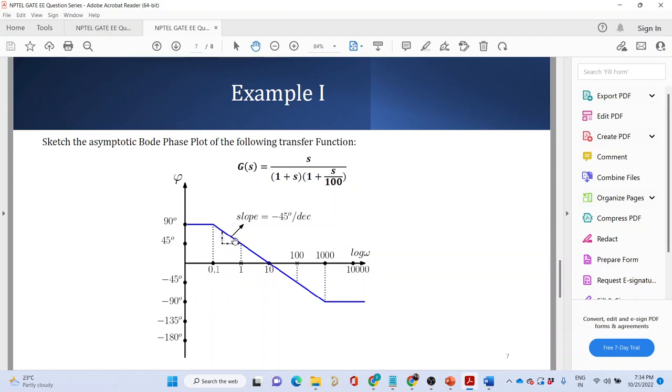During this interval, it will be falling by 45 degree per decade, because if there is one pole, it will be falling at 45 degree per decade. What would have happened, say, if there is another pole over here, say omega 1 is the pole over here, and omega 1 by 10 is lying somewhere over here? How would the phase plot look like?